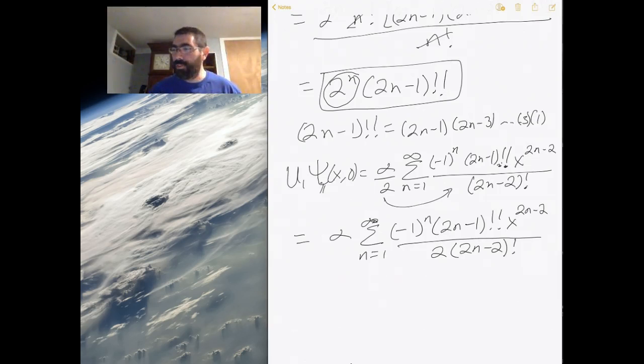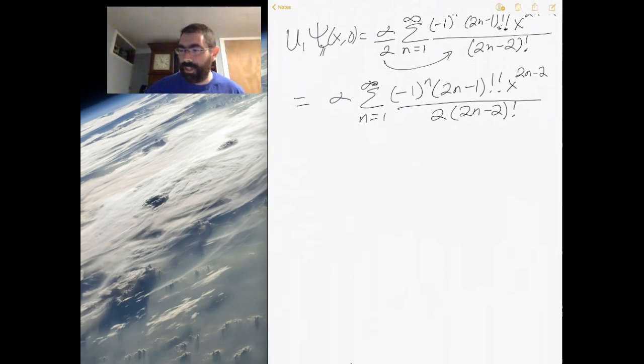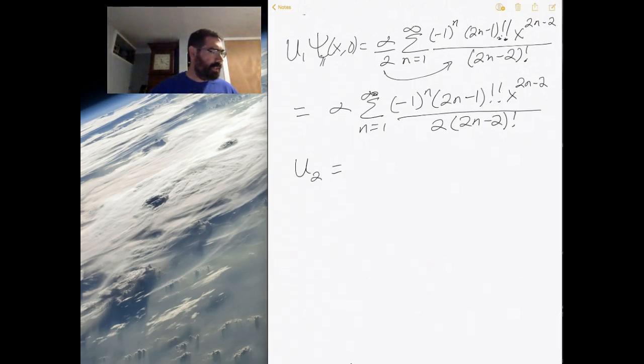So the next thing to do is to take the u2 term, which will be 1 over 2 factorial, alpha squared over 2 squared, and then the fourth order derivative with respect to space.